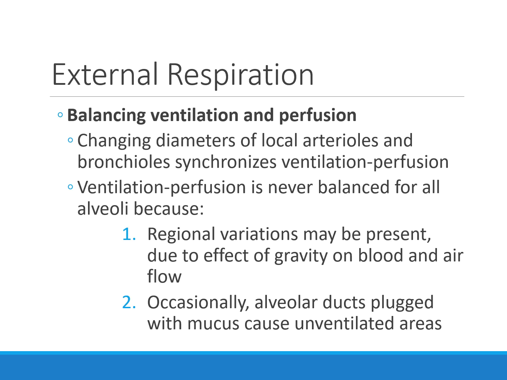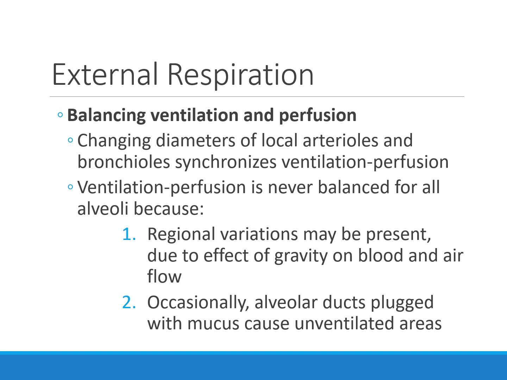So we balance ventilation and perfusion. We have changing diameters in the local arterioles and the bronchioles, and those synchronize this ventilation-perfusion. It's never balanced for all of the alveoli because you have regional variations because of gravity on the blood, airflow, those kinds of things.